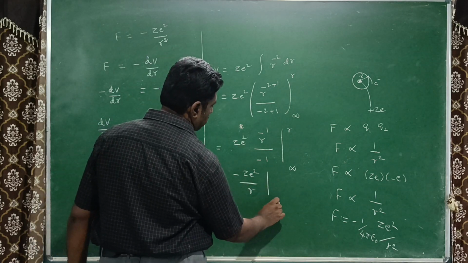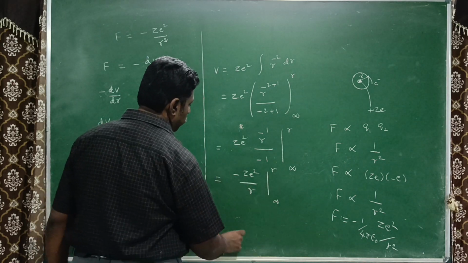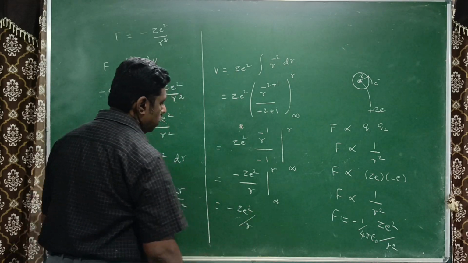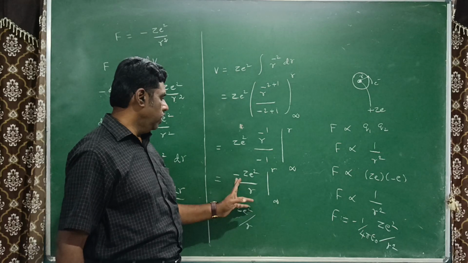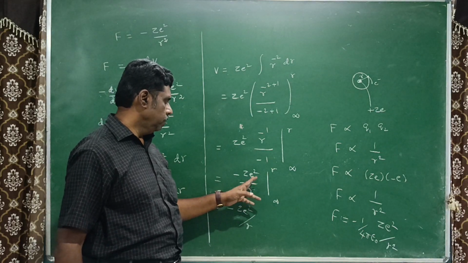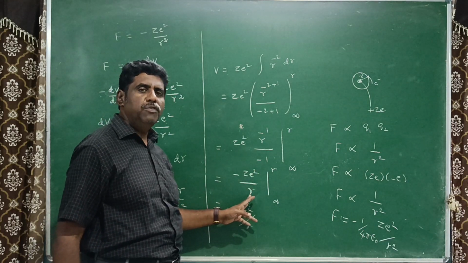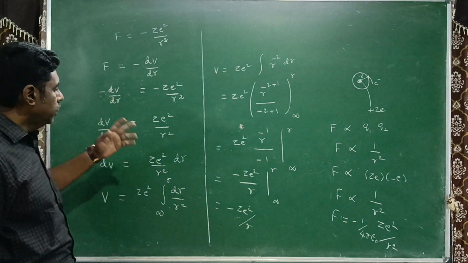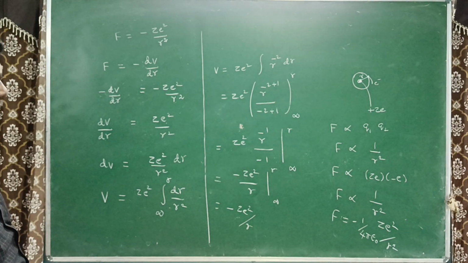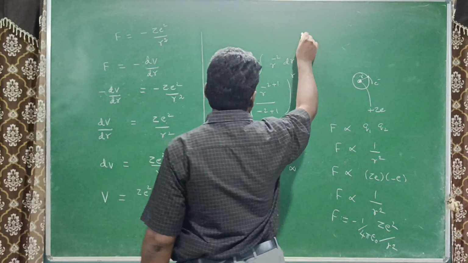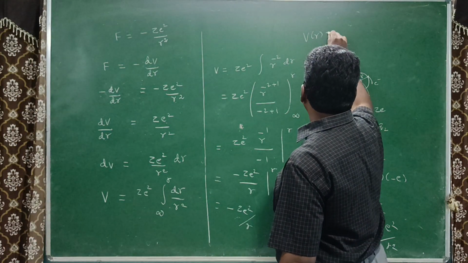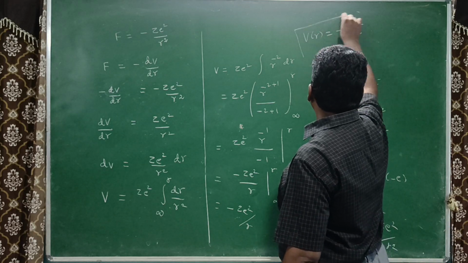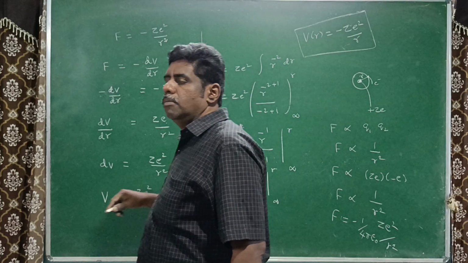Now apply the limit, upper limit r, lower limit infinity. Minus Z e square by r, minus of the lower limit, minus into minus plus Z e square divided by infinity. Anything by infinity is 0. So this is the potential value. The potential value of the hydrogen atom is minus Z e square divided by r. In the case of the hydrogen atom, the potential V of r is equal to minus Z e square divided by r. In this way alone, we have arrived at the potential.